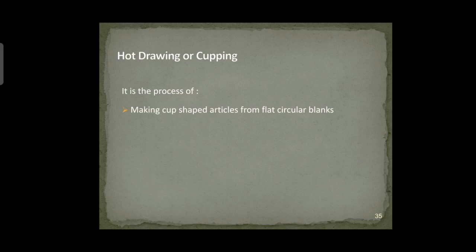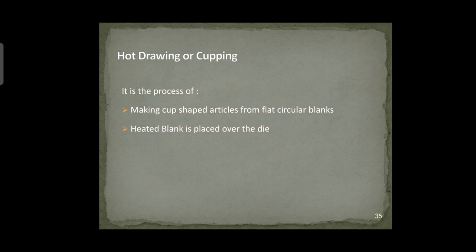We take a flat blank, and it should be circular; the section you are cutting is a circular one. This blank should be heated and placed over the die. Same as the process you have seen in the previous cases, we are using the punch, just like a ram.